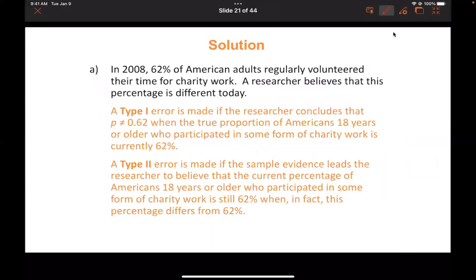If I conclude that the probability is not 62, but it actually is, then that's a type 1 error. Type 2 error is if I find out it is different, but I don't reject the null, then it would be a type 2 error.